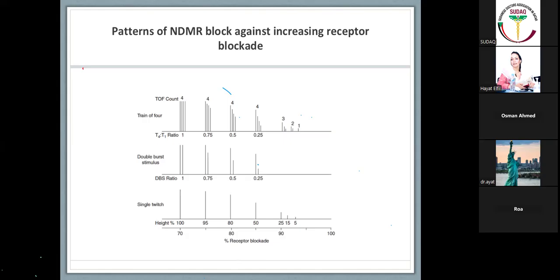It became 0.5, then 0.25. And once the receptor occupancy approaches 90 and just above 90, then T4 is gone. Then you will lose one more, and you will remain with only one twitch around 95% receptor occupancy. There is a large safety margin in the neuromuscular junction.